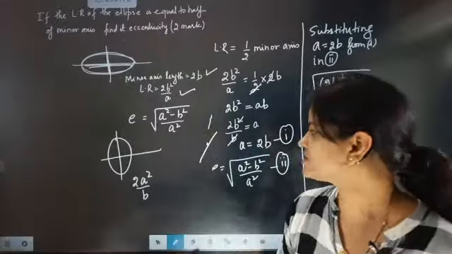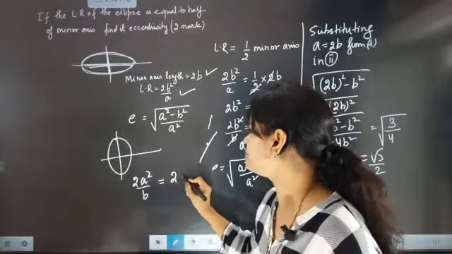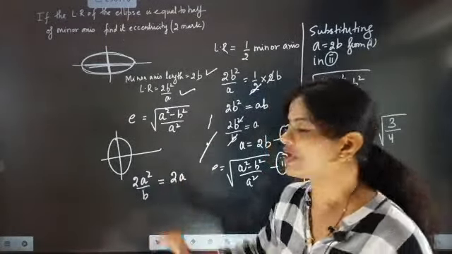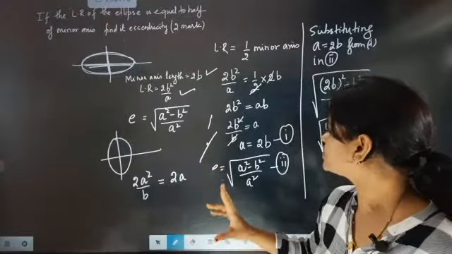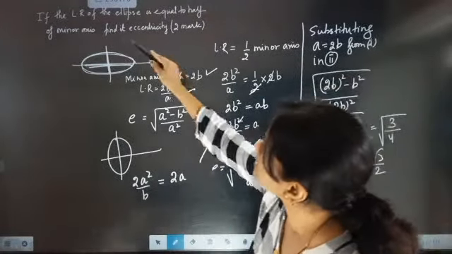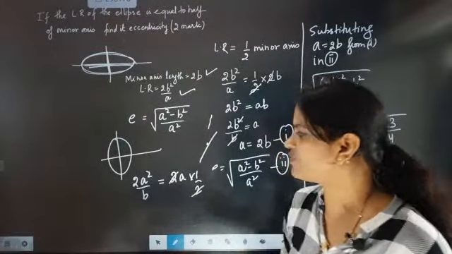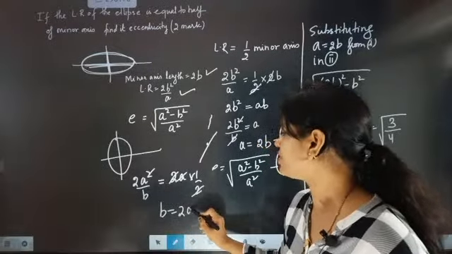So latus rectum will become 2a square by b. That time the minor axis will become 2a. So like that you can also solve the question. Okay, so we have to understand one point: when such questions are given, you have to be very specific. Now they have given latus rectum equal to half of the minor axis. So half of means this one will get cancelled, a and a will get cancelled. So that time b will become equal to 2a.